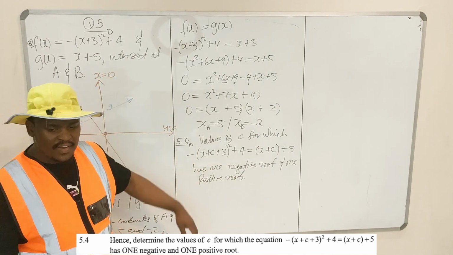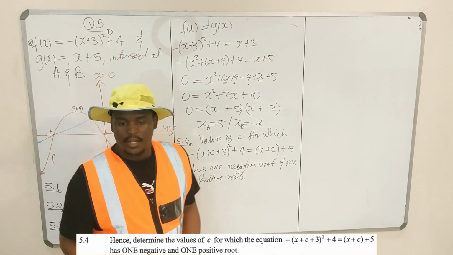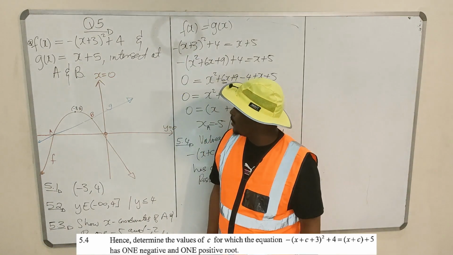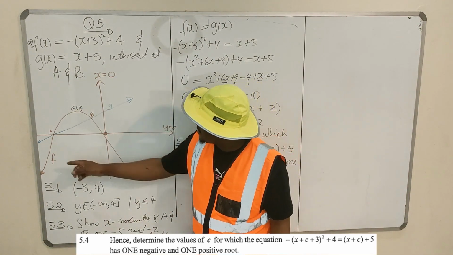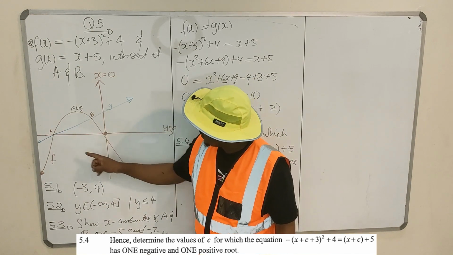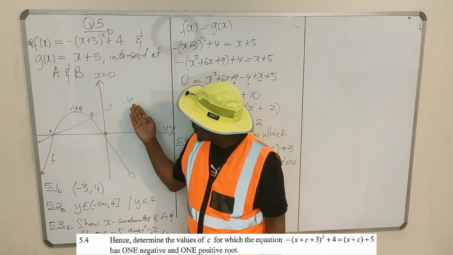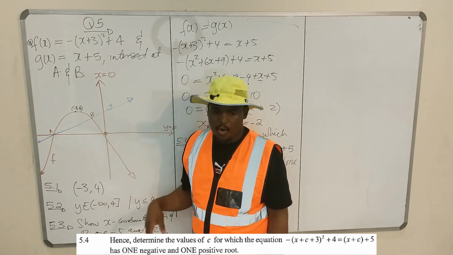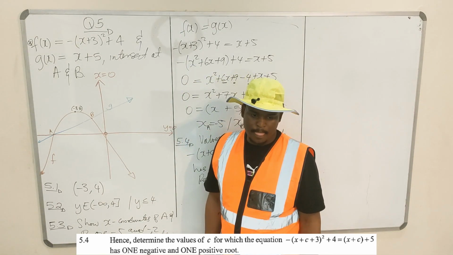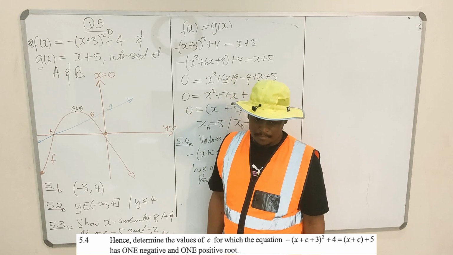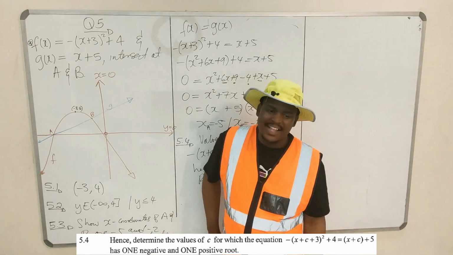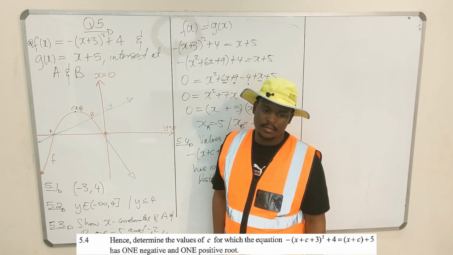So, let's leave this alone and look at the graph. This equation and that equation, if you equate them, how many roots do you get? You get 2 roots. What are the signs of those roots?